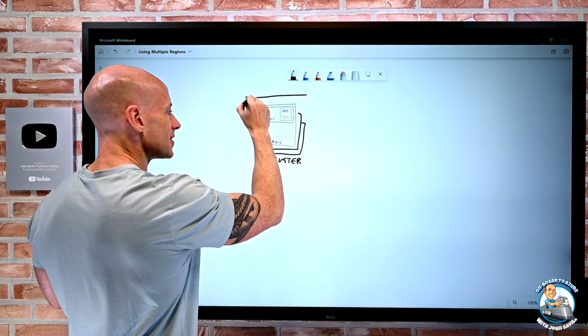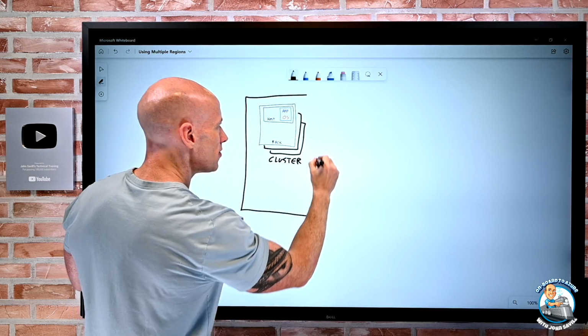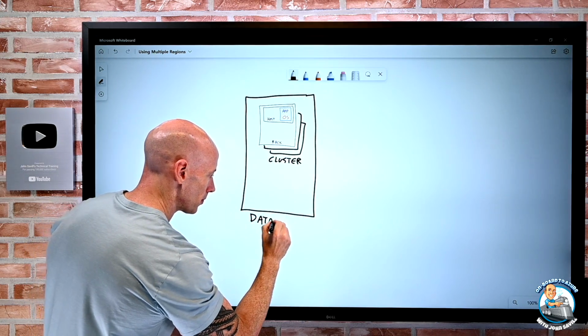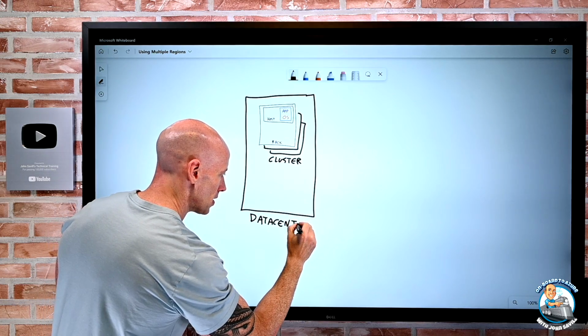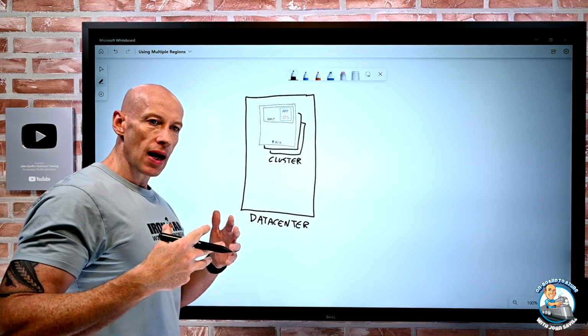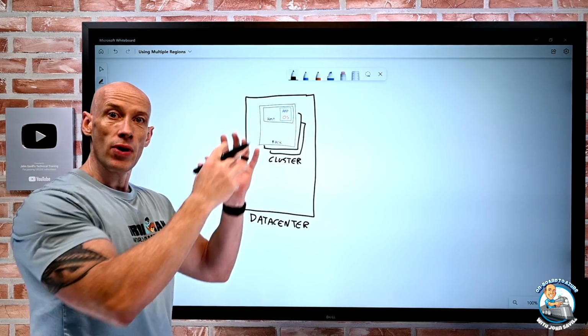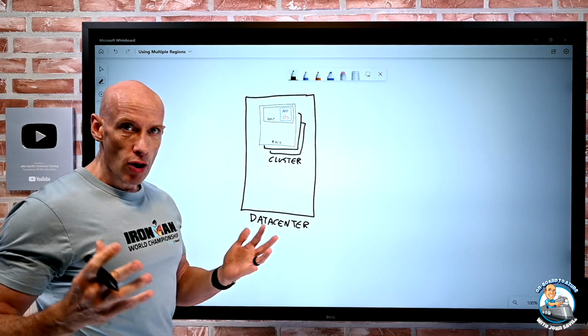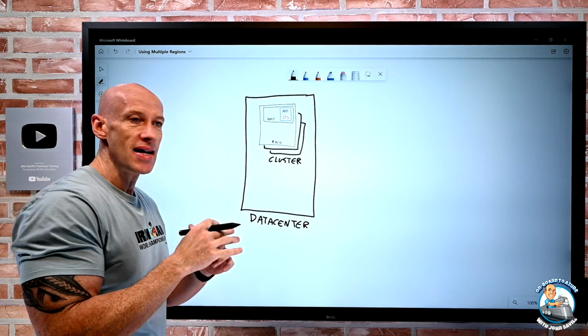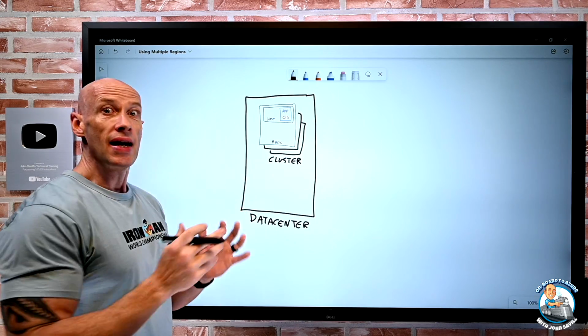And the cluster, well, it lives within a certain data center. And I can think about those data centers have their own power coming in. They have their own generators. They have their own AC units, fire suppression systems. But things would happen at a data center level as well. So massive cooling failure, electrical failure, a fire.